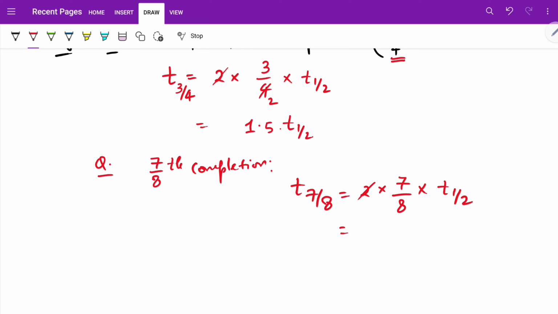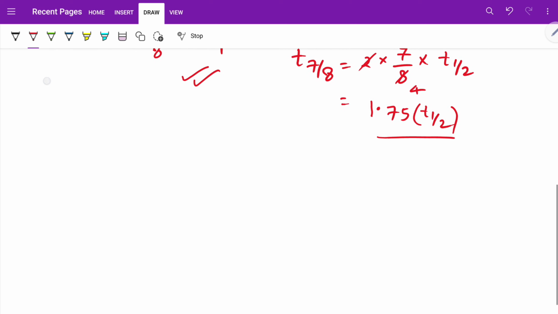So when we solve this, 2 4s are 8, 7/4 is 1.75 times T half. So if T half is given, just multiply it by 1.75 and you will get the time required for 7/8 completion.